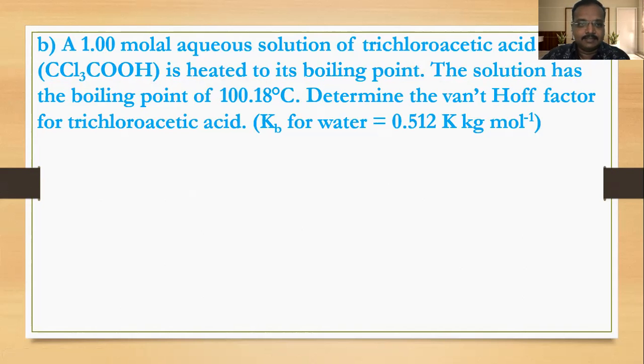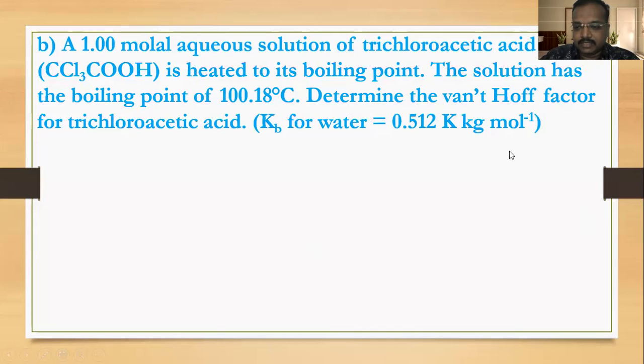A 1.0 molal aqueous solution of trichloroacetic acid is heated to its boiling point, and the solution has a boiling point of 100.18 degrees Celsius. What is asked is to determine the van't Hoff factor for trichloroacetic acid.